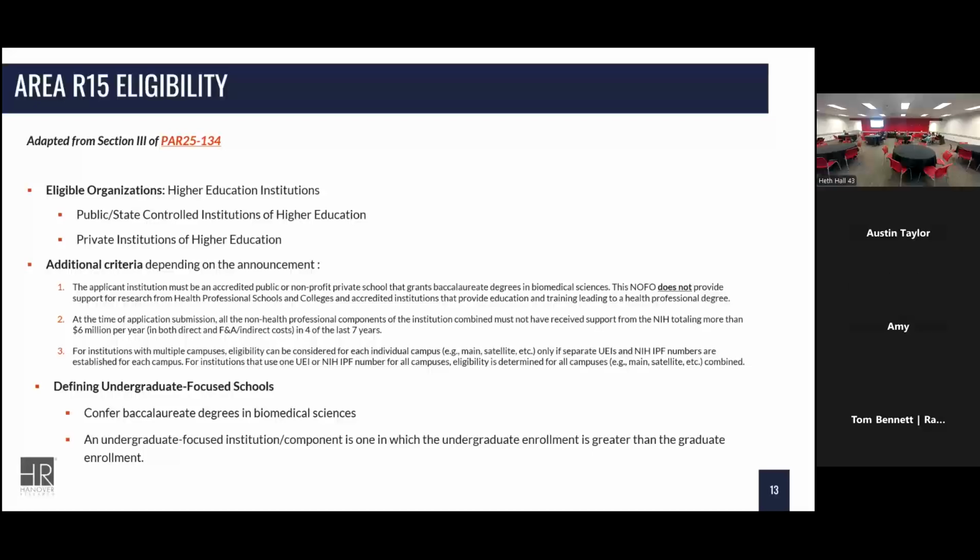Also, the primary thing is there is specific language there as far as whether or not your graduates are going into health professional degrees. They're not necessarily wanting to support these intensive research institutions that are awarding doctorate degrees, medical doctorate degrees, PharmDs and things like that.